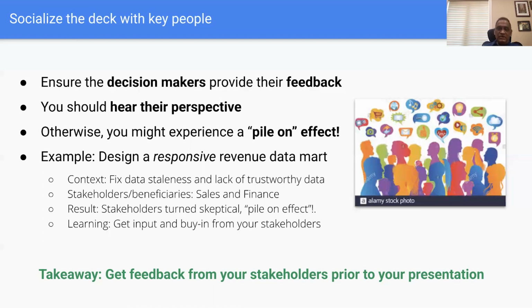So there is nothing for me to argue. And soon enough, I was piled on by a lot of people who were saying the same thing from their perspective in a different way. And as one might call it, I experienced the pile-on effect for the first time. And it was not pretty.